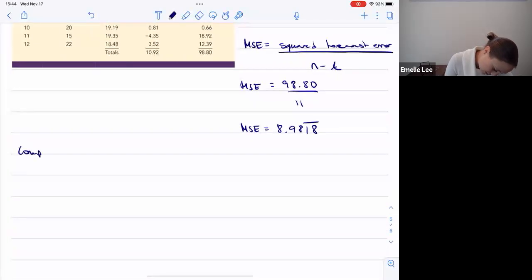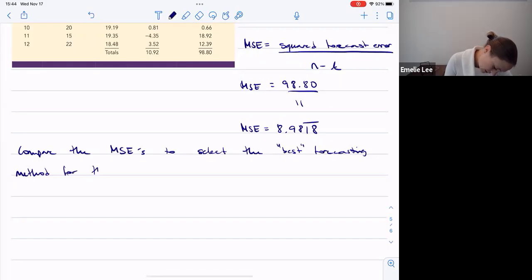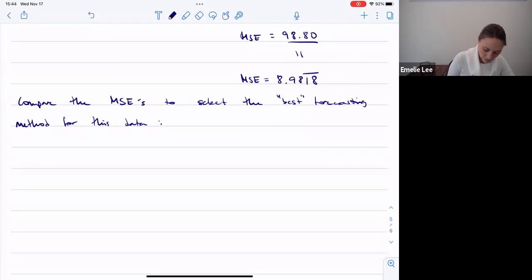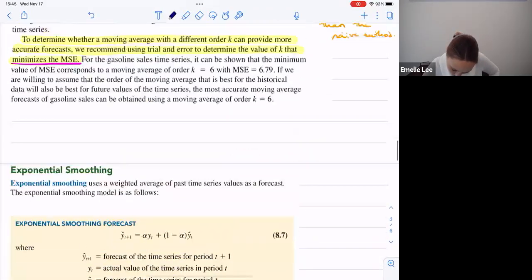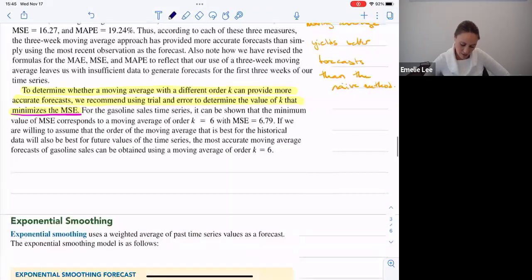So we can compare the MSEs to select the best forecasting method for this data. We've got the naive one. Naive had a mean squared error of, I want to say, what did I have here? 16.27.